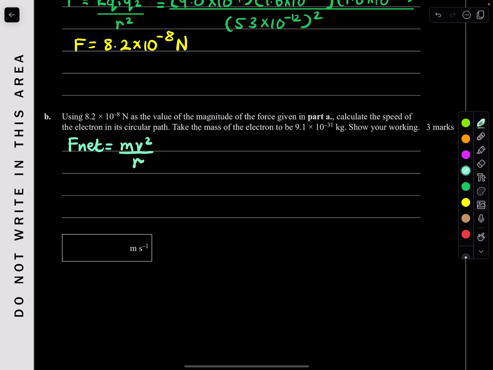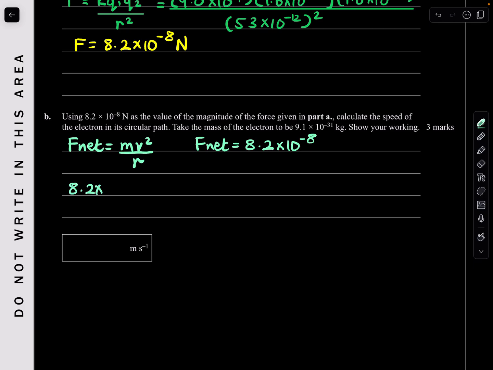And so we got that. Our F net, like we said, is 8.2 times 10 to the negative 8 newtons. So let's put that all together. 8.2 times 10 to the negative 8 is equal to the mass of the electron, 9.1 times 10 to the negative 31, times velocity squared, which is what we're trying to find, over the radius, which is 53 times 10 to the negative 12.